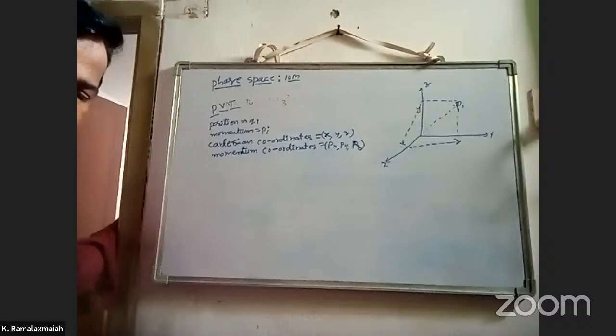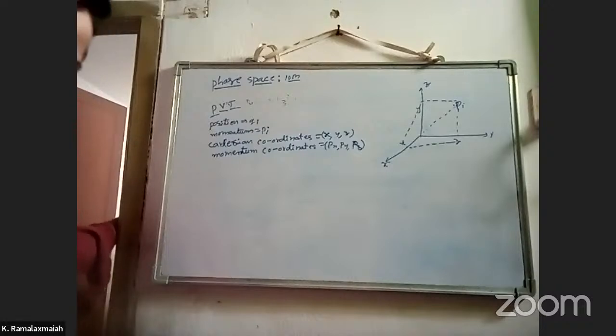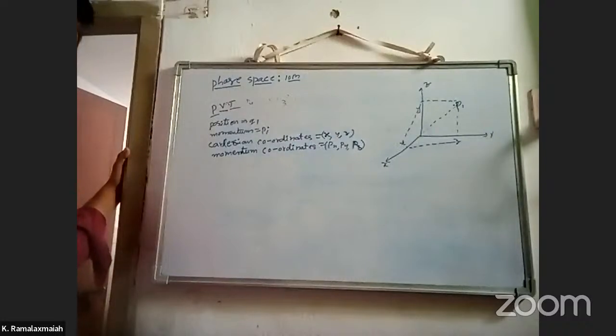Okay, that combined position and momentum space is called phase space. A point in the space represents the position and momentum of a particle at some instant. That six-dimensional space of a single particle is called the mu space.